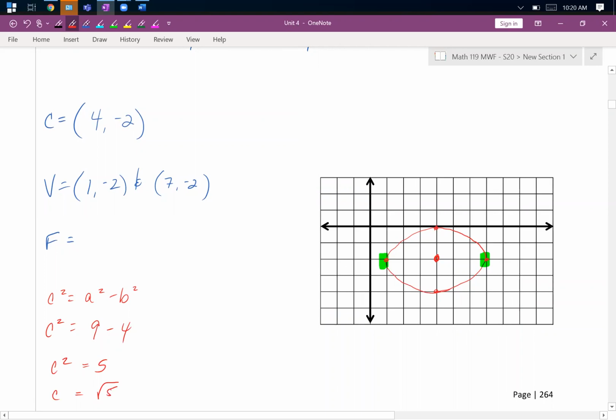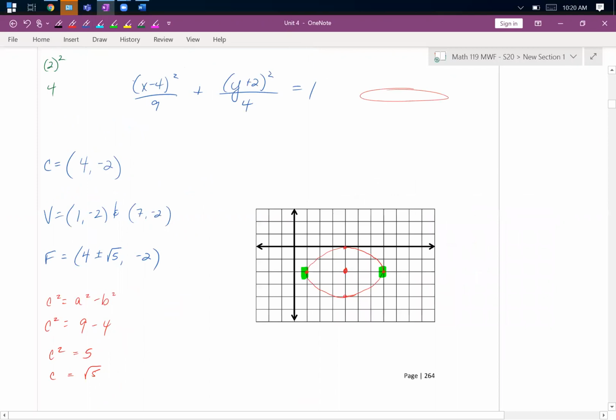And now we need to add and subtract the square root of 5 from which coordinate of our center? Four. It's long in the x direction, so we need to add and subtract it to the x coordinate, which is the 4. So we're going to have 4 plus or minus square root of 5, comma -2. And there we go.